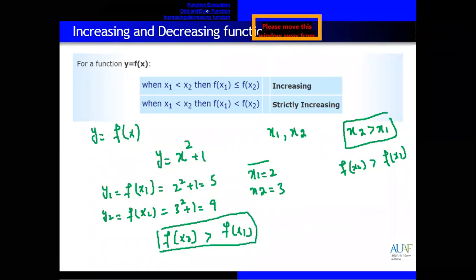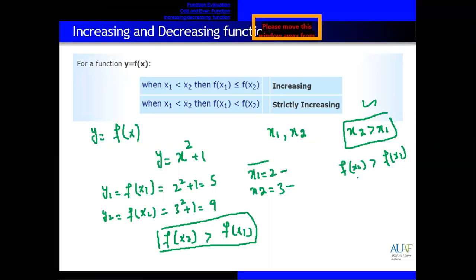Yes, great, excellent. Professor, on there it says x1 less than x2, then the function or the graph is increasing. So in here it's greater than. Is it increasing or decreasing? This one is increasing. You can see here the condition that x2 must be greater than x1. x2 is 3, x1 is 2, so x2 is greater.